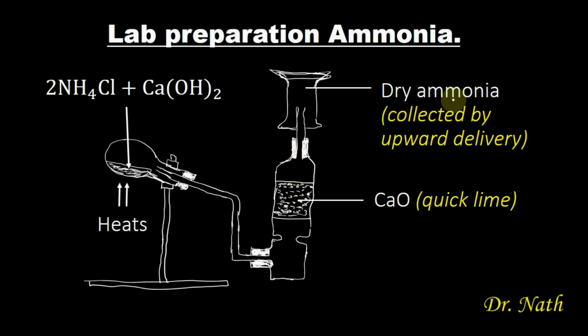So this is the ammonia that is produced. It is collected by upward delivery, and the reason ammonia gas is collected by upward delivery is because it is lighter than air. So this is very important too. Why is ammonia collected by upward delivery? It is collected by upward delivery because it is lighter than air.